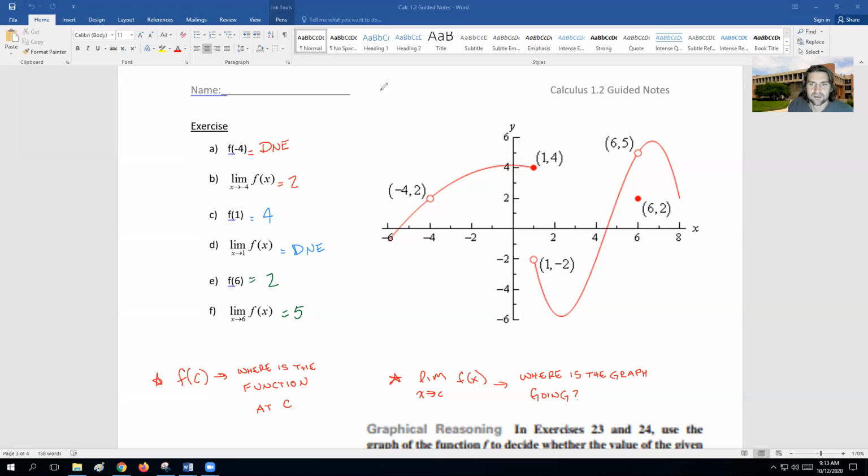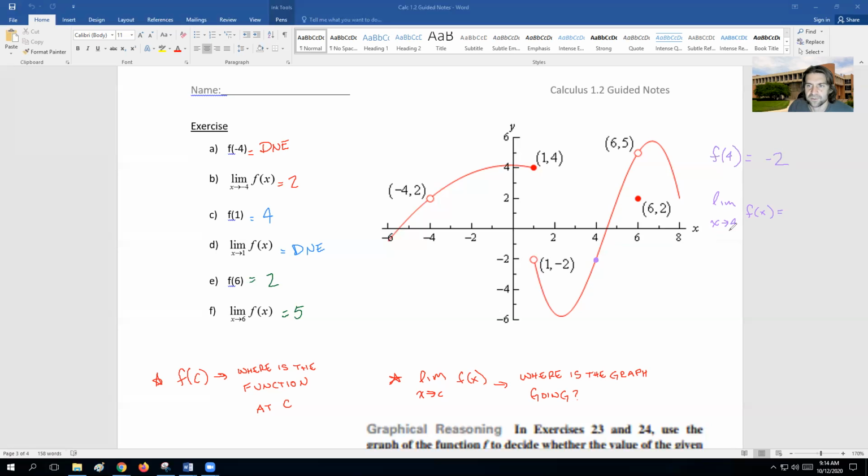Now, just to help you out, there is one other scenario that can happen, and we didn't really go over it because you guys have seen this your entire time. If I say what's f of 4 and what's the limit as x approaches 4 of f of x? Well, f of 4 is saying where's the dot at 4? The dot at 4, we're just going to estimate, is at -2.